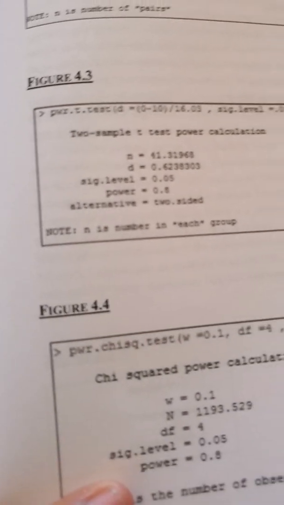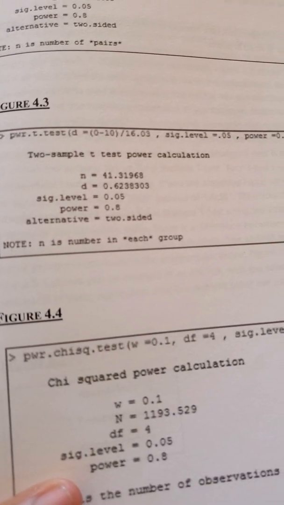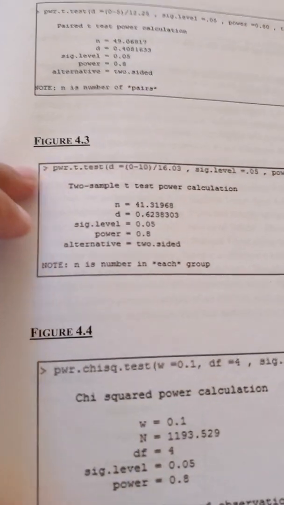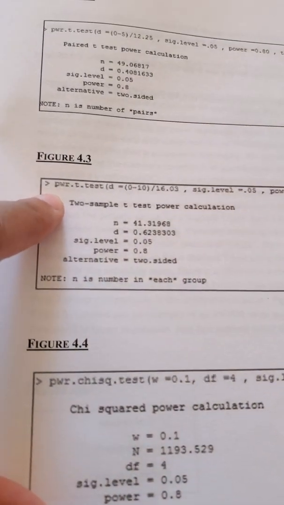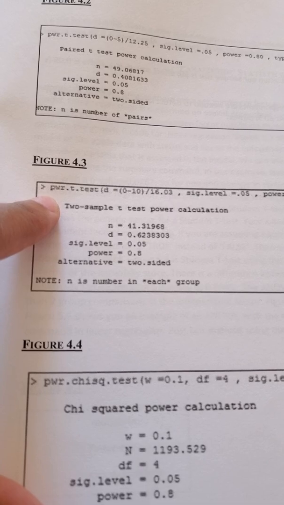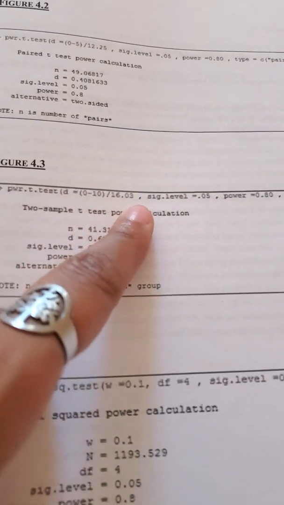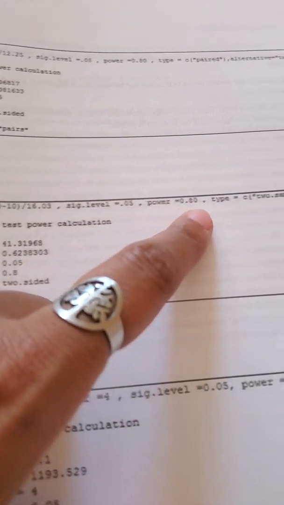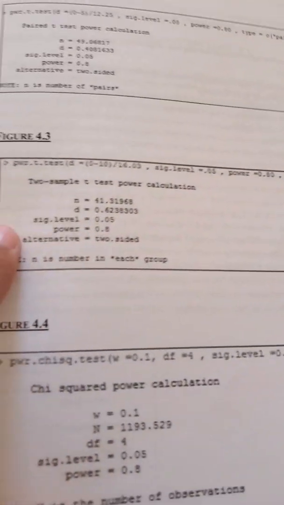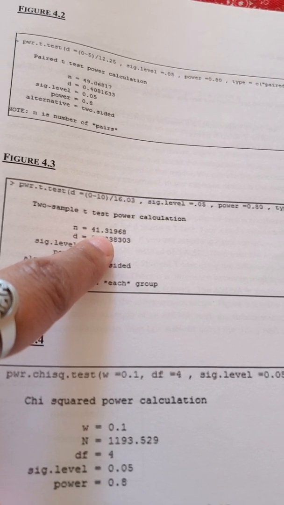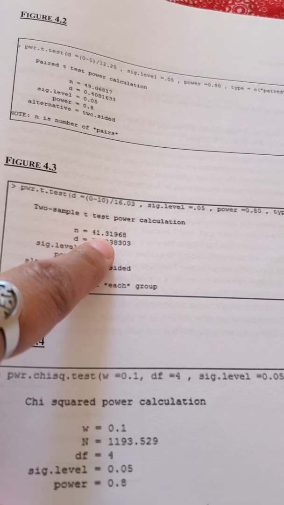Okay? So here's an example of a two-sample t-test command. Basically, you have the power.t.test, and you put in your parameters, and it will generate for you the sample size, which in this case is 41.31968.